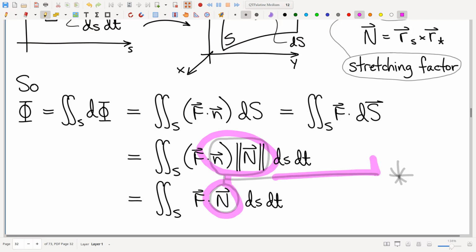Do notice that I have an asterisk over here. I'm going to have to talk about this a little bit. But the case I'm going to make for now as to why this is okay is, let's think about what this capital N vector is. It points in the direction perpendicular to the surface. That's what little n is. And the magnitude of capital N is the magnitude of capital N, which is also what this product's magnitude is.